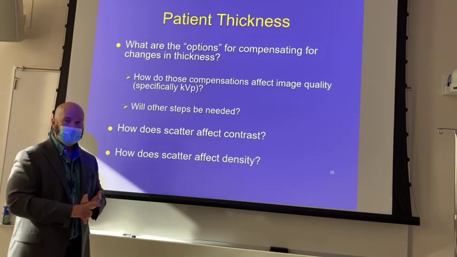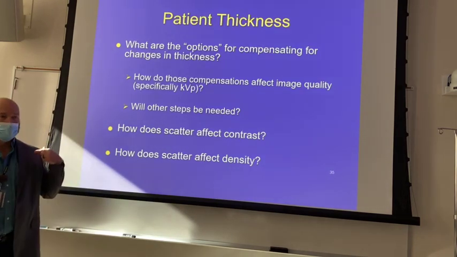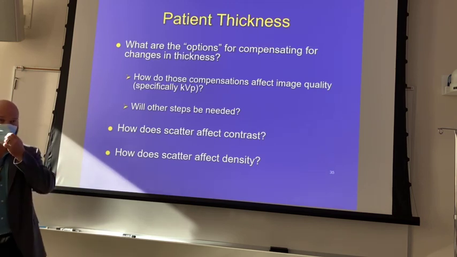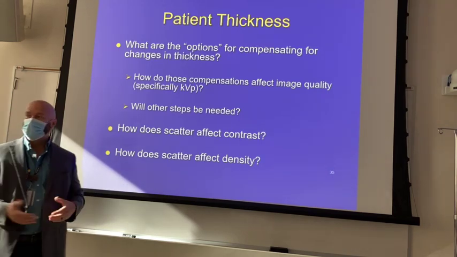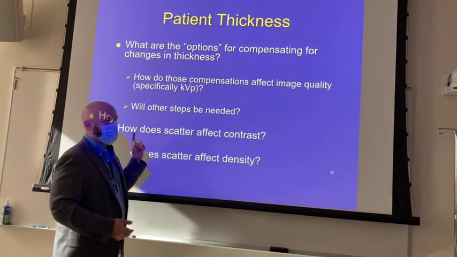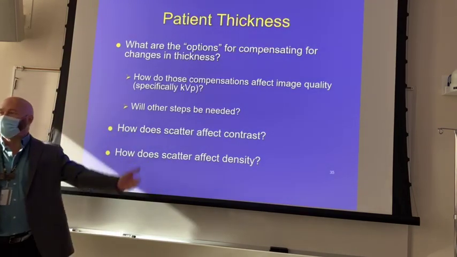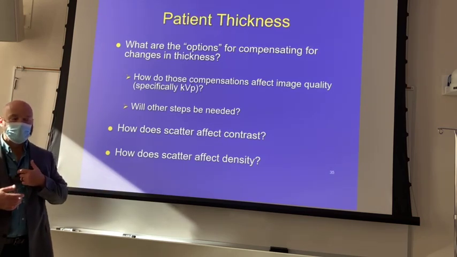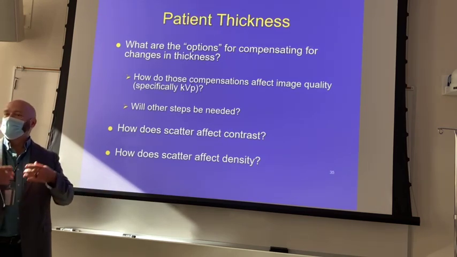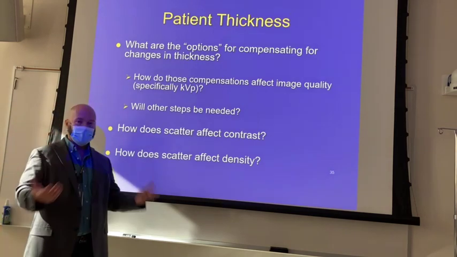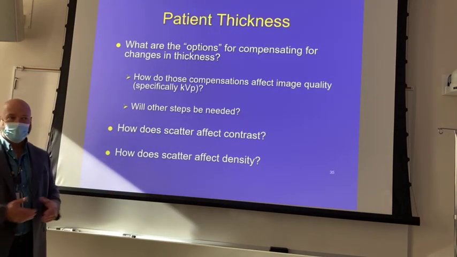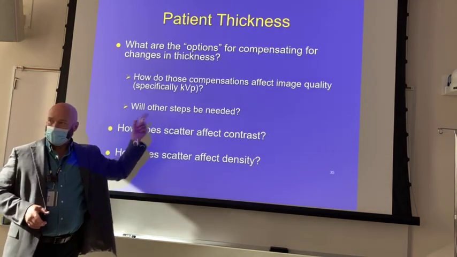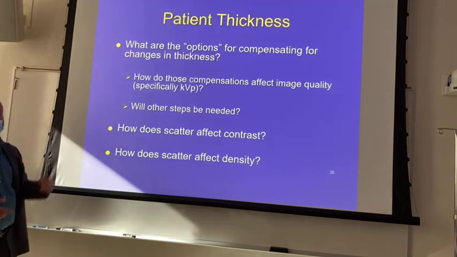That thickness is 10 centimeters, that's roughly knee or shoulder size, and the kVp is 70 kVp. So if you increase your kVp, you could potentially increase it to a point where you previously would not use a grid for this particular exam, but if you increase your kVp and you get above 70 kVp, you create more scattered radiation. That scattered radiation has to be dealt with in the form of a grid. So there's a possibility that if you increase your kVp, you might need to use a grid, okay?